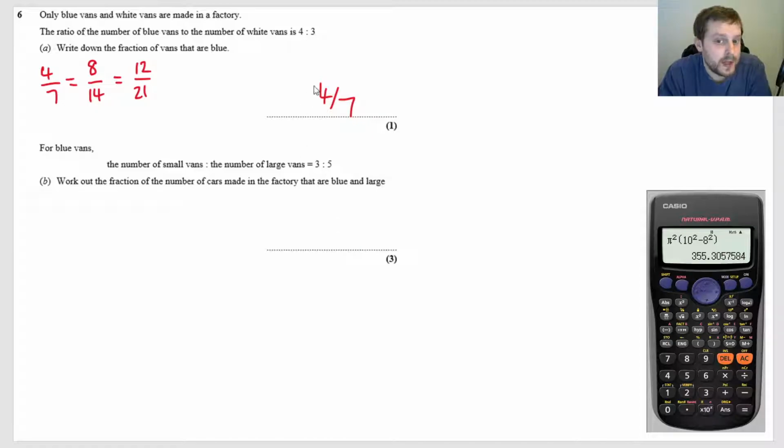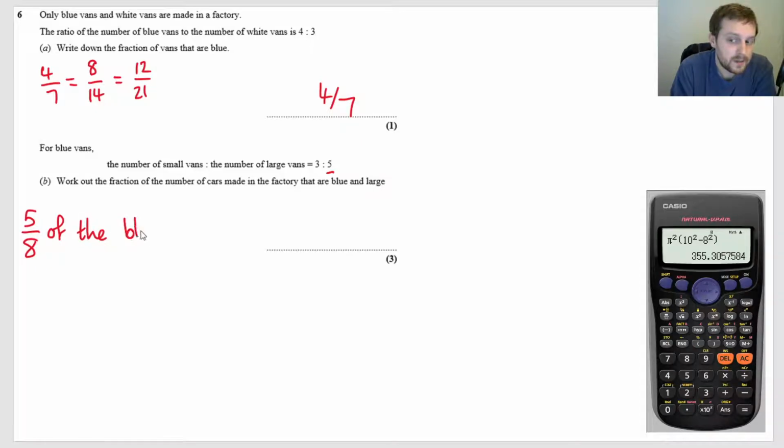5/8. Right, can you see that? 5/8 of the blue vans. So let's write this down. 5/8 of the blue vans are large.